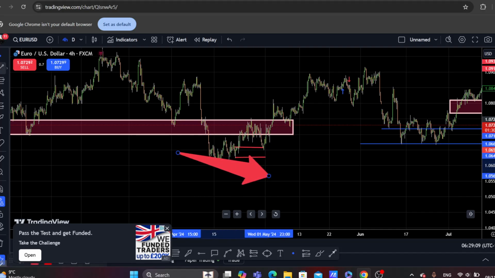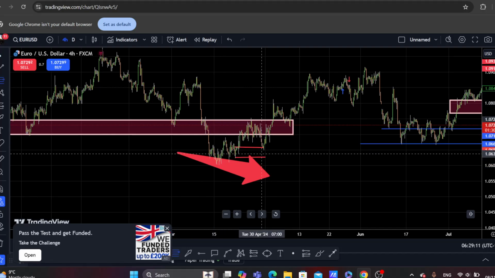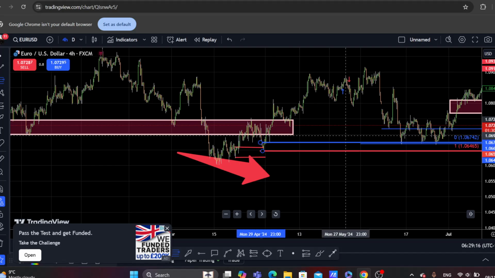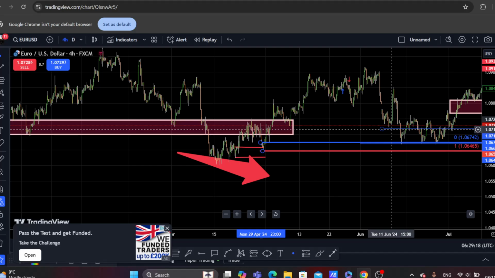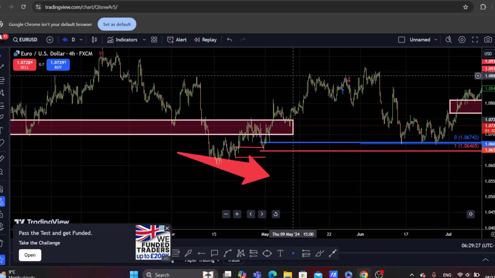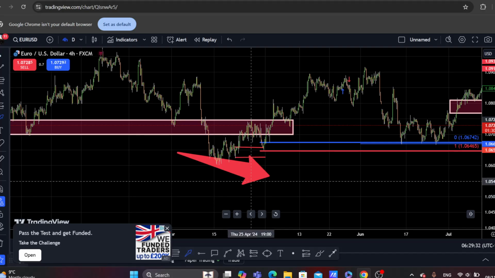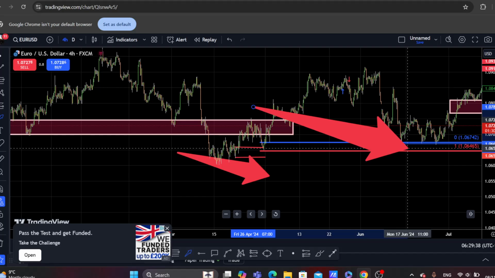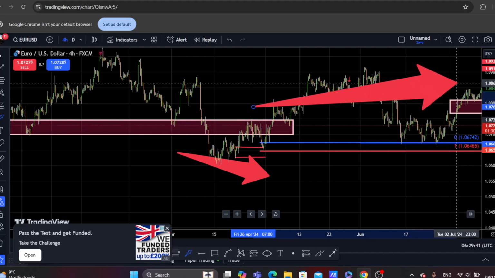So I'll plot the demand zone for you. So this was a demand zone that you would have taken. Well, let me take this off. Okay, so this was a drop based rally demand zone, and when the market came back, yeah, you go long.